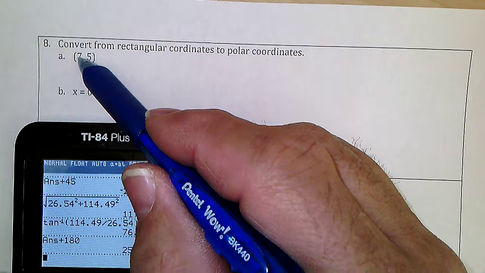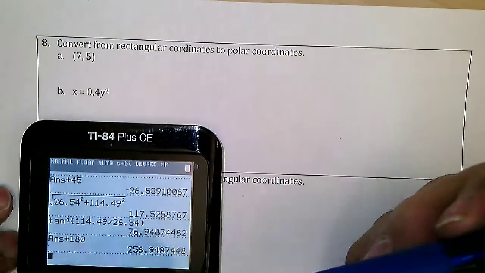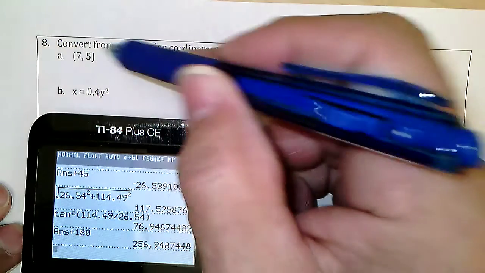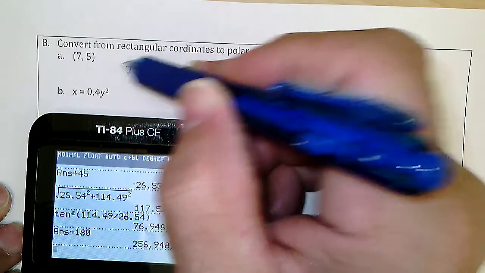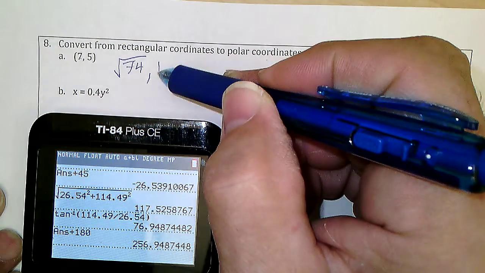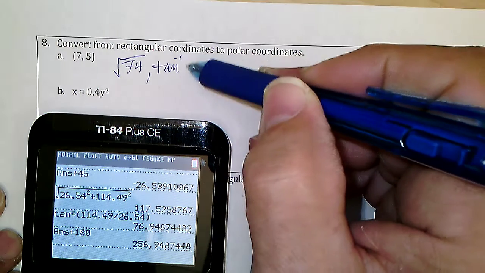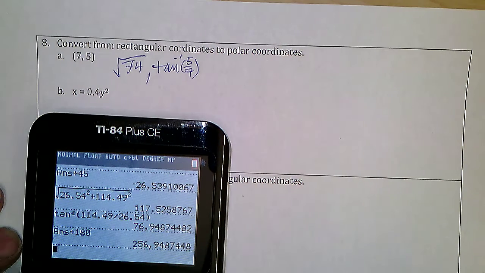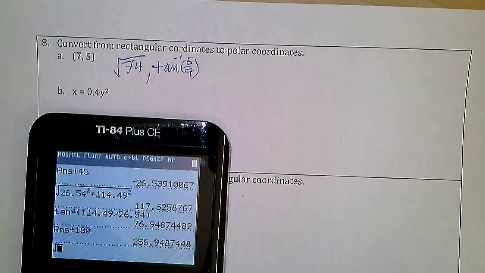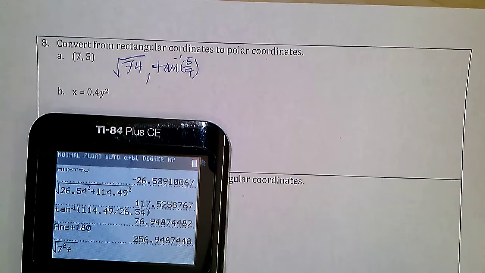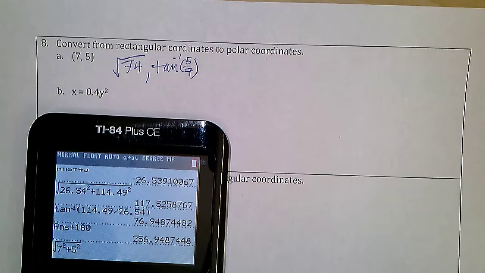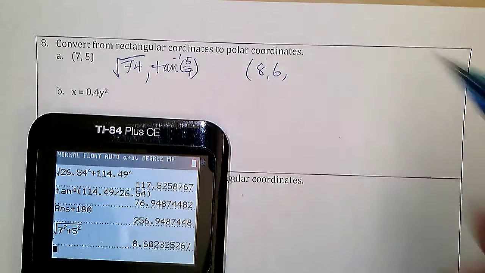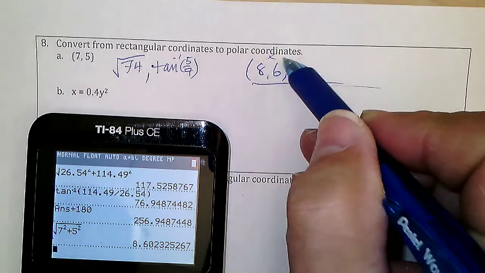So you do 7 squared plus 5 squared. That's 49 plus 25, which is 74. And tangent inverse of 5/7. So we got the square root of 7 squared plus 5 squared, which is, if you want it in decimal, 8.6, comma, and you want to write it in terms of x, comma, y.